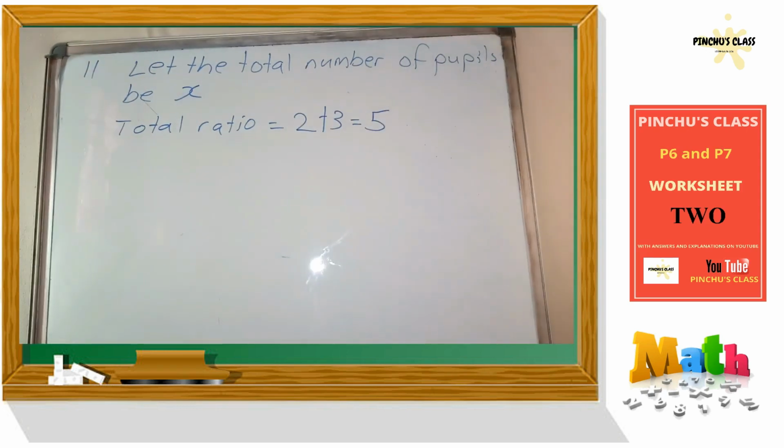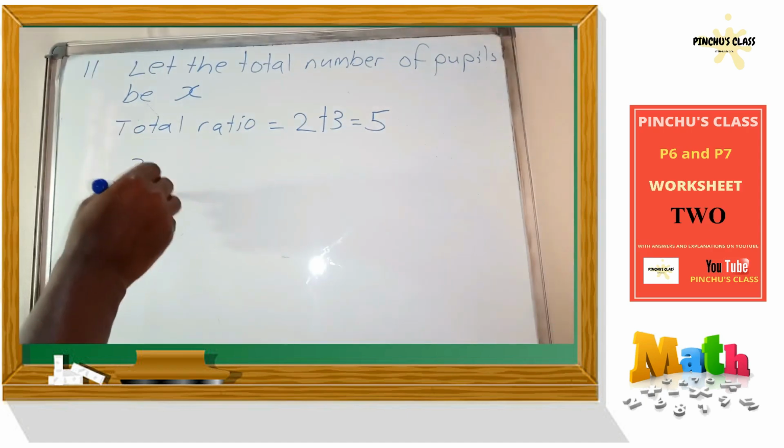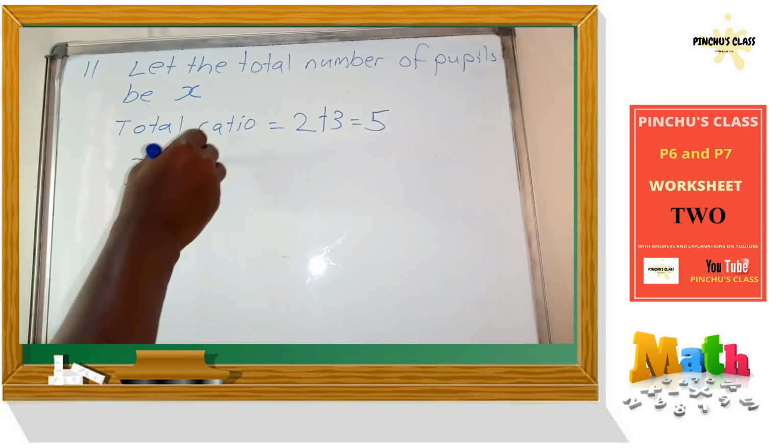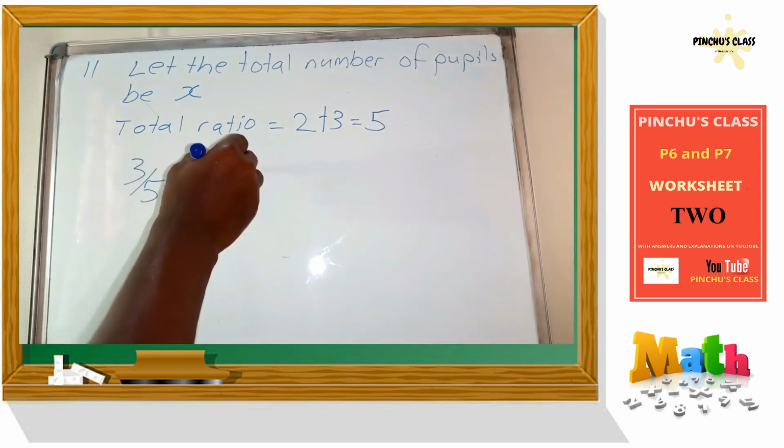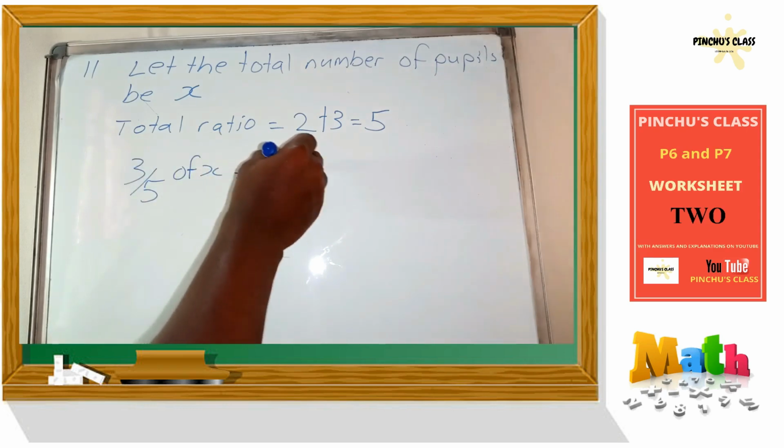So after getting the total ratio, that means we can now get the number of girls. So we are going to find a fraction for girls using the total ratio. So we have 3 out of 5 of x gives us 27 girls.